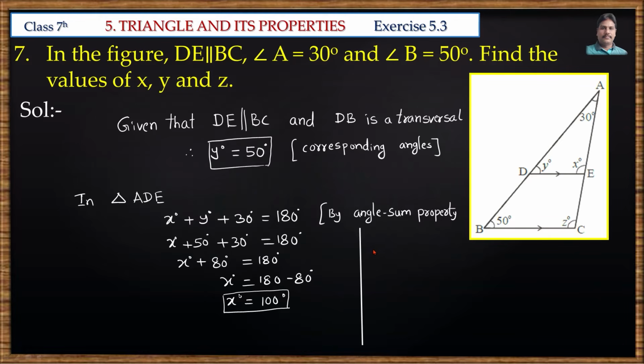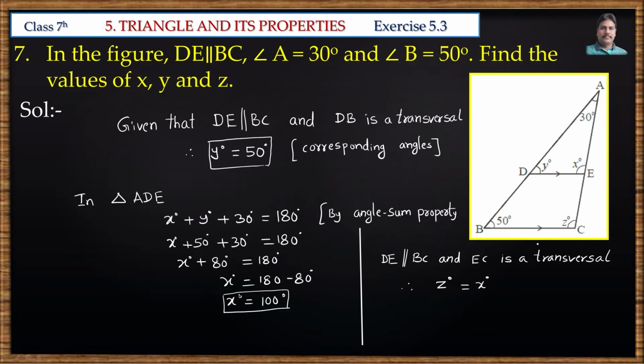So, DE parallel to BC and EC is a transversal. Therefore, z degrees is equal to x degrees.